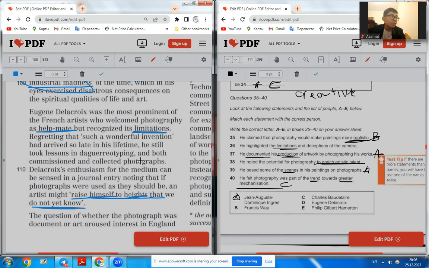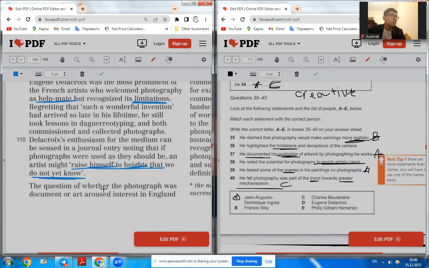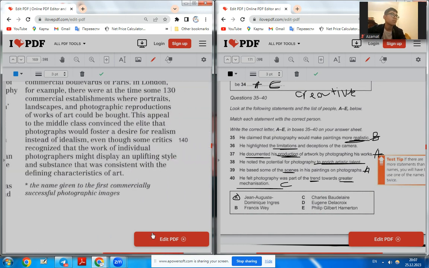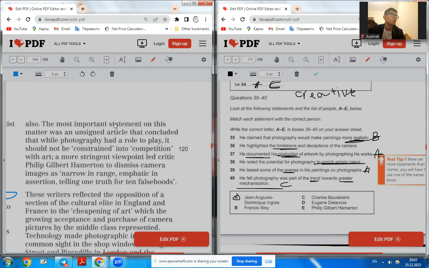So let's continue. The question of whether the photograph was a document or art aroused interest in England. The most important statement on this matter was an unsigned article that concluded that while photography had a role to play, it should not be constrained into competition with art.